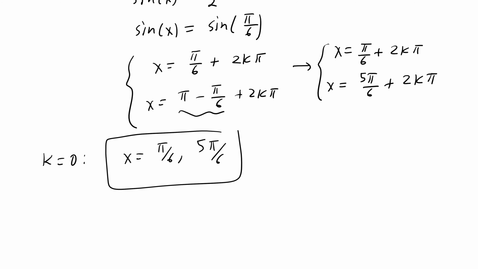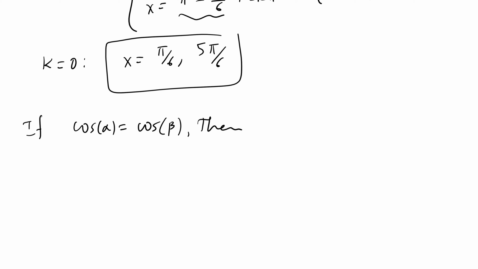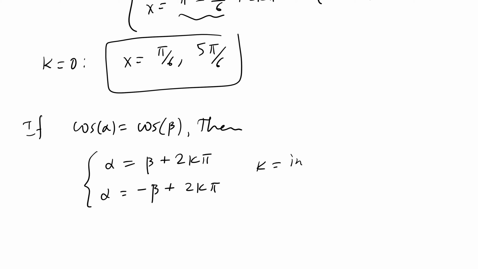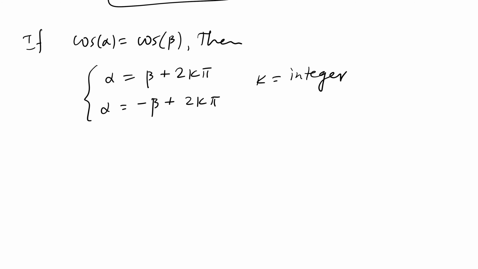Same thing works for cosine. So if cosine alpha equals cosine beta, then we have alpha equals beta plus 2k pi, or alpha equals negative beta plus 2k pi, k integer. So how do you solve that out? Let's say I want to solve 2 cosine x minus square root of 2 equals 0.